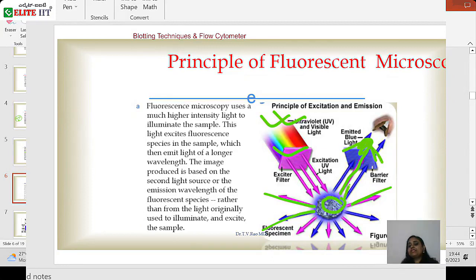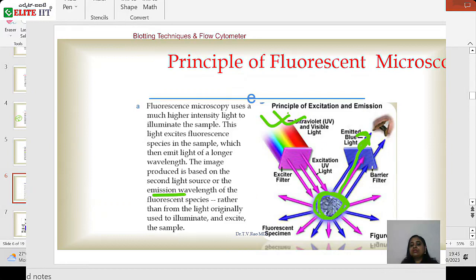So this is visible light, and you can get blue color. You will see this molecule as blue color. So these fluorescent molecules will be blue because they are emitting blue light. So detection will be for the blue light. Now the image produced is based on the second light source, or the emission wavelength.